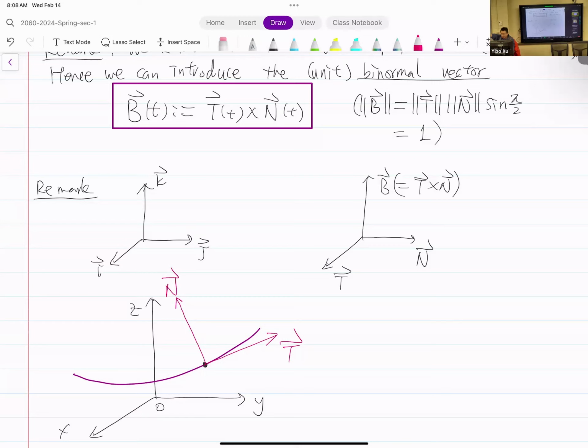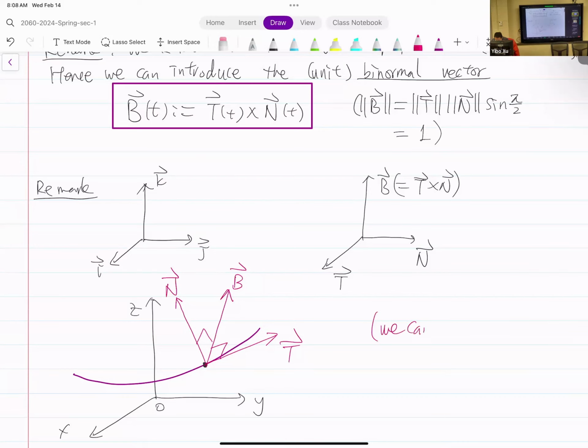And then B is just gonna be pointing towards ourselves. Let me just draw the unit vector B like this. Okay. So it's gonna be perpendicular to both T and N. Right? But if you really want to visualize it in three-dimensional space, then that's actually just gonna point out from the monitor point of view. Okay.